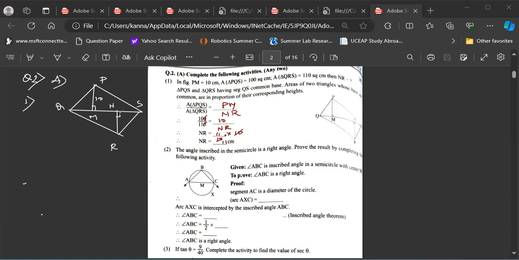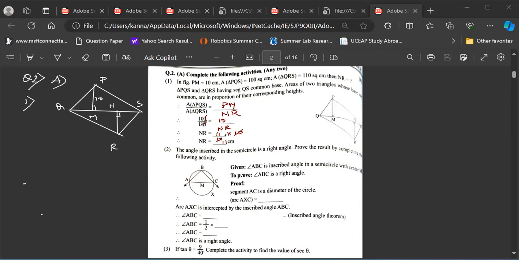Therefore areas of the two triangles whose base is common are in proportion to their corresponding heights. So area of triangle PQS upon area of triangle QRS should be PM upon RN. I filled it up in the picture itself. Equal 100 upon 110, 10 upon NR.